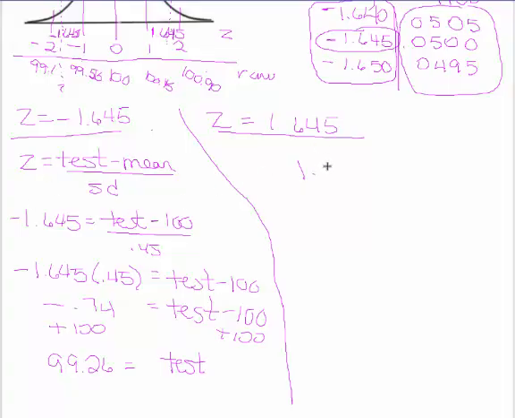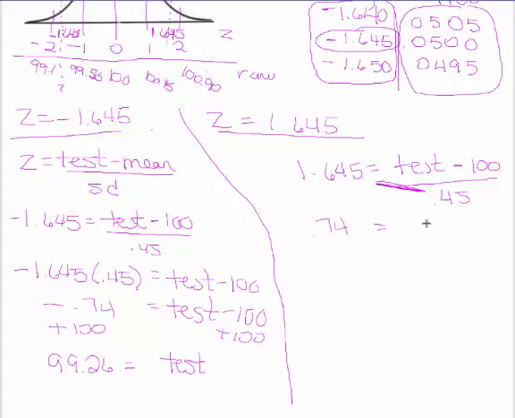So my z-score is positive 1.645 equals, I'm looking for that test boundary, minus the mean, which is 100, divided by 0.45, which is standard deviation. We're going to cross multiply again. We're going to get the exact same numeral. It's just going to be positive, so I'm going to just write positive 0.74.